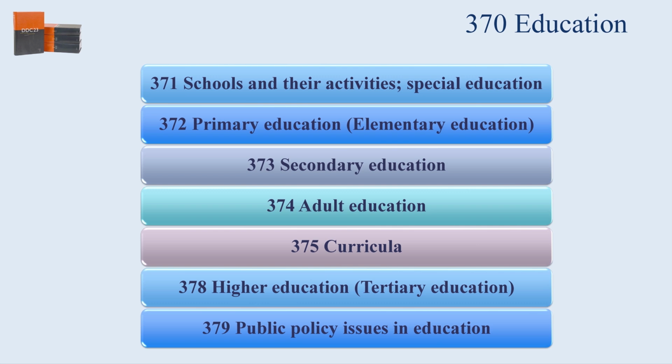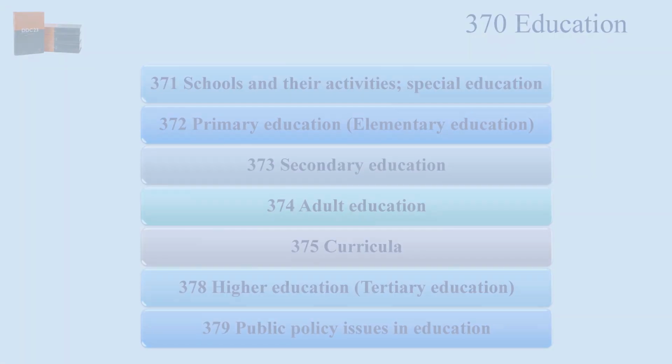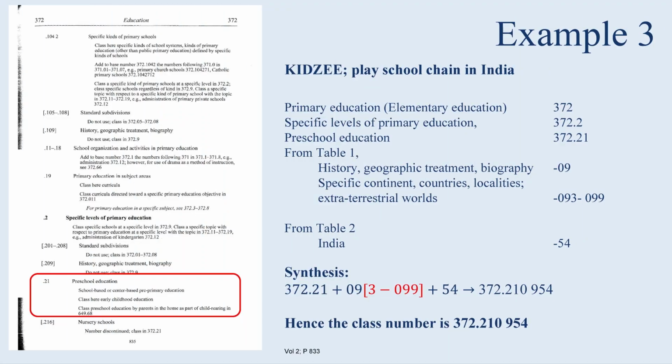Now let's concentrate on the examples. Our first example is Kidsy, play school chain in India. You know that Kidsy is a very popular play school chain, and our particular title is dealing with different aspects of Kidsy.